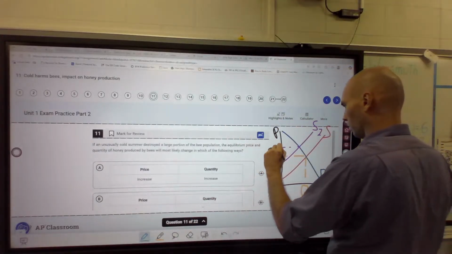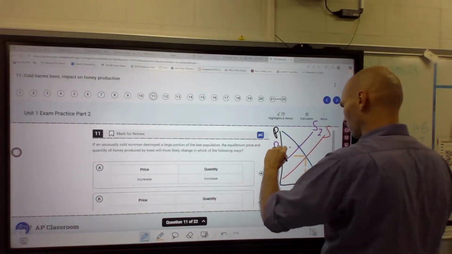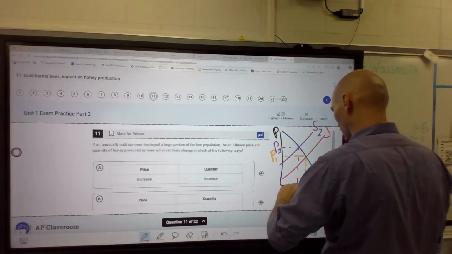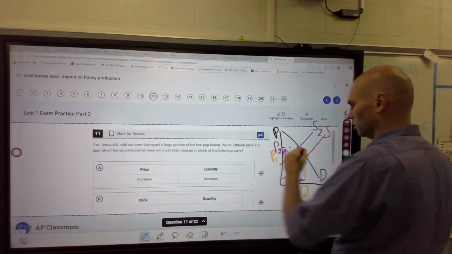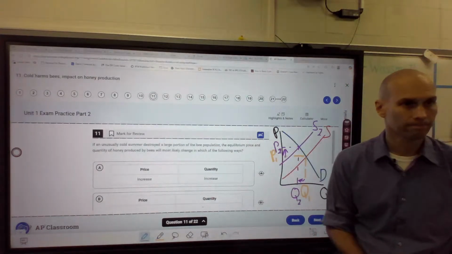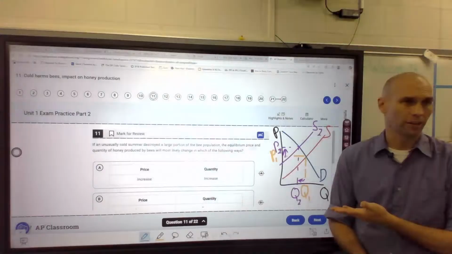Price will increase. Quantity will decrease. There it is. When in doubt, graph it out.